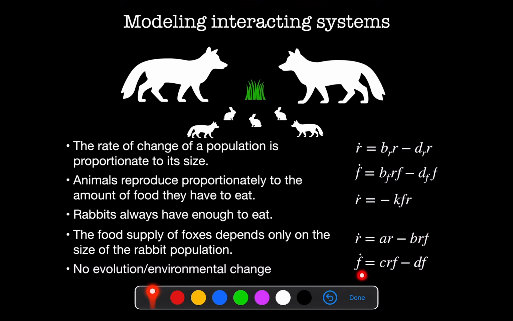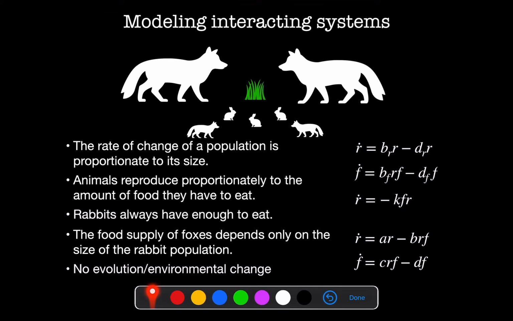This depends on their birth rate times the number of rabbits they can eat times the fox population. This is going to be how many foxes get produced based on the current size of their population and the current size of the rabbit population. And then the foxes are going to die off at some rate as well. So this is now my coupled nonlinear set of differential equations that models this interacting system.